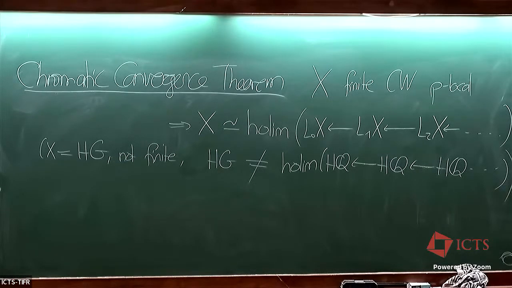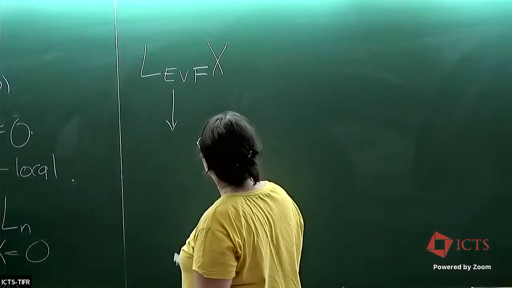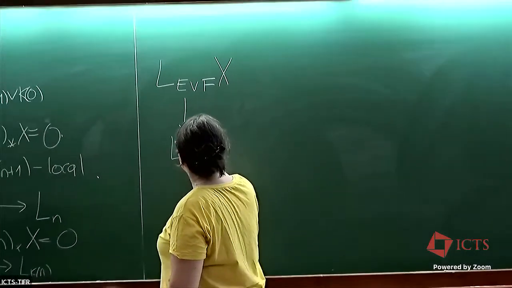So in general, you can show that for certain E's and F's, you get a pullback.